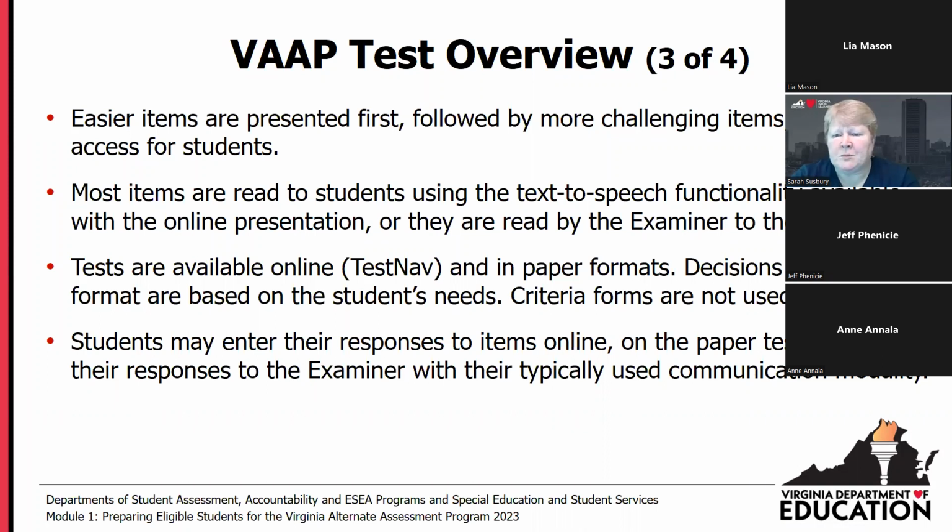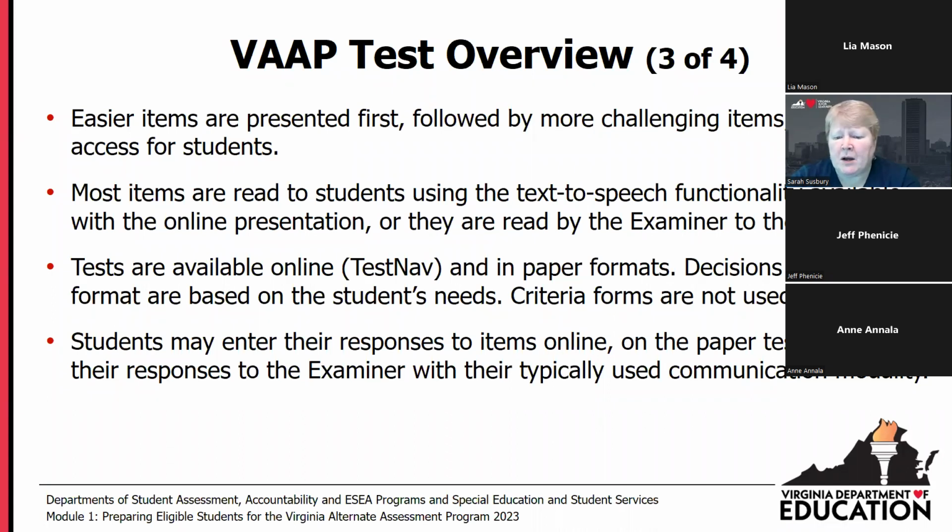We don't have specific criteria forms that have to be followed for making that decision. We'll be talking a little bit later about test plans in this presentation and determining which format is better for students. And it may be that the student needs both paper and online, so that's an option as well.